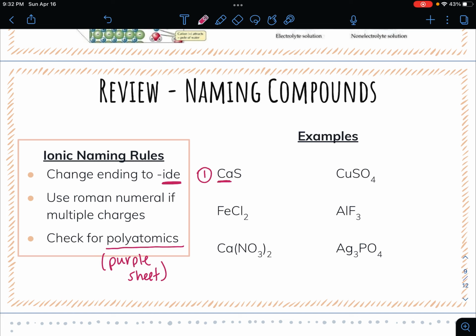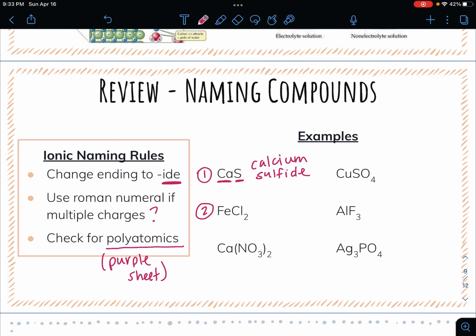We have Ca, which is just calcium, and then we have S. S is just sulfur, but remember, instead of writing sulfur, we're going to write sulfide because we changed the ending to "ide." Then we just need to see, do we need to use the Roman numeral? Do we have multiple charges? We're going to look on the back of our periodic table, and we'll see that there's only one charge for calcium, so that means we do not need Roman numerals.